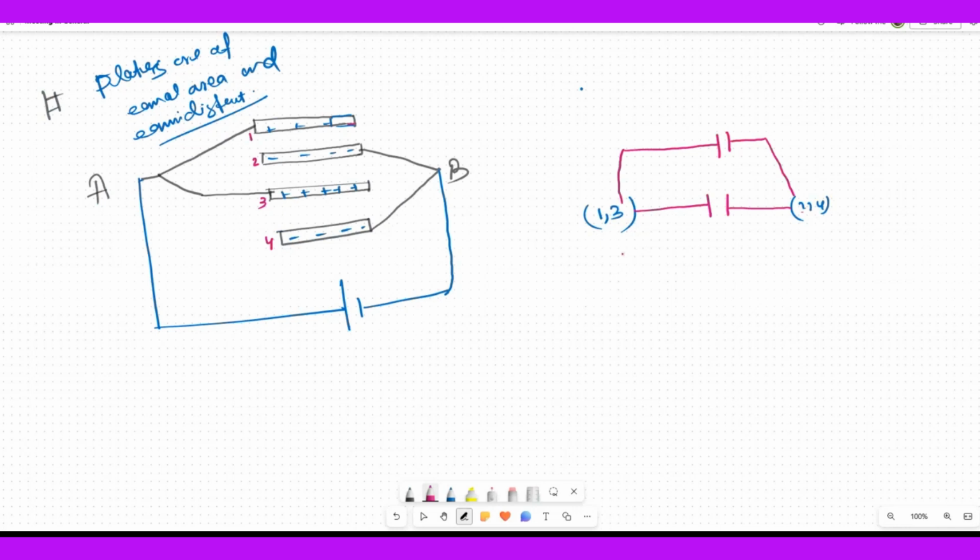And between 3 and 4, also there is a capacitor. Okay? So it is actually going to be a parallel combination of 3 capacitors between these 2 points, A and B only. So C_AB will be what?